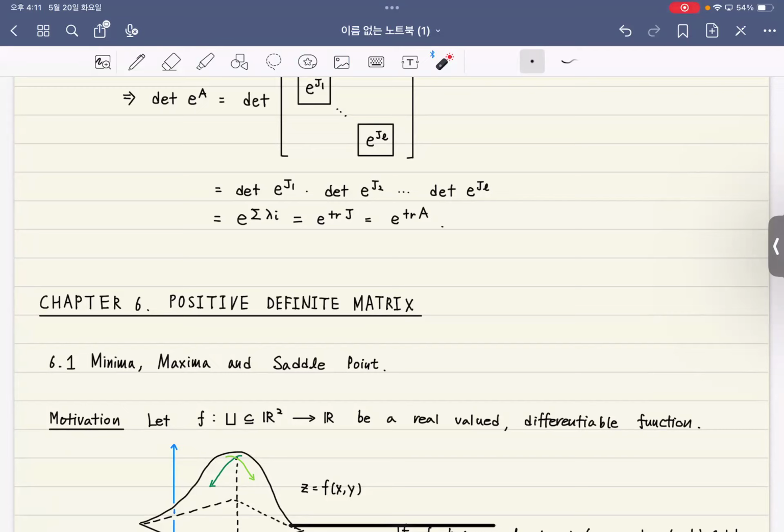Therefore, there always is some possibility that you are dealing with a complex matrix. So in chapter 5, our basic idea was that everything is a complex matrix, but in chapter 6, we are returning to the world of real matrices. Every matrix that appears in chapter 6, unless otherwise mentioned, you should consider to be a real matrix, a matrix of real entries.